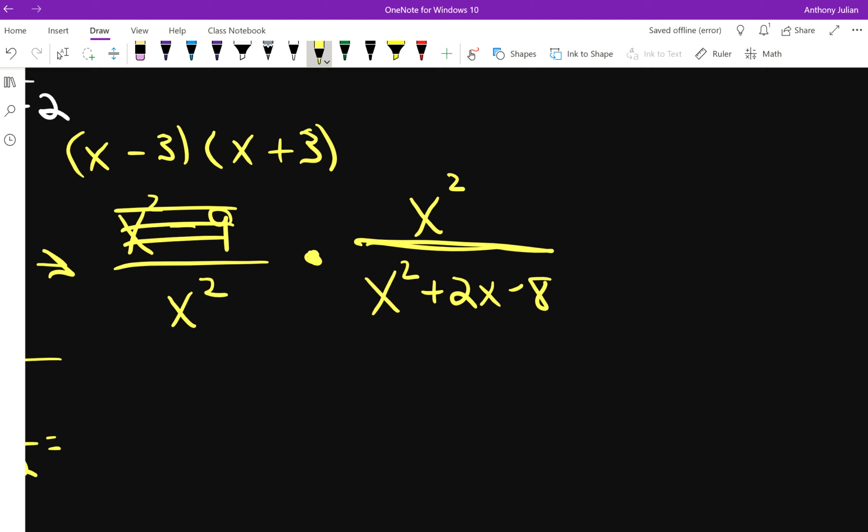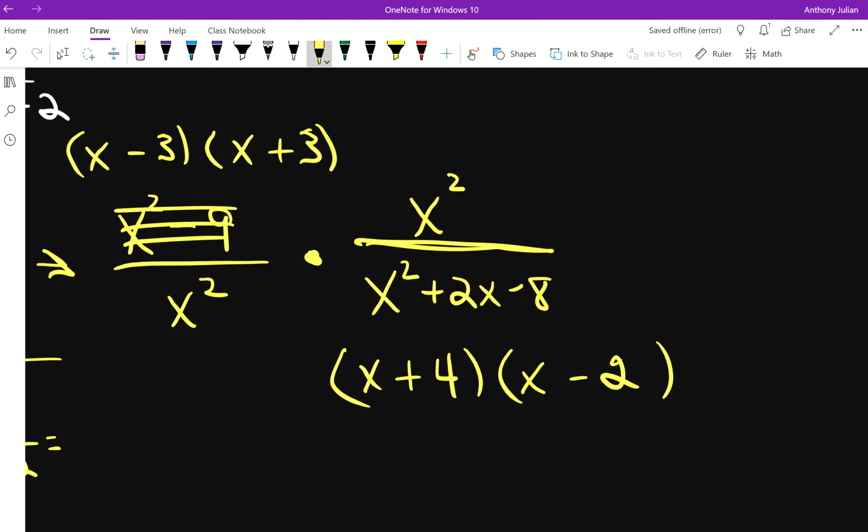Then down here on the bottom, that's a factoring concern. So I've got x here, x plus and minus, because a positive times a negative is a negative. And what numbers do we want? 4, 2. 4 minus 2 is positive 2. 4 times negative 2 is negative 8. So it all checks out.